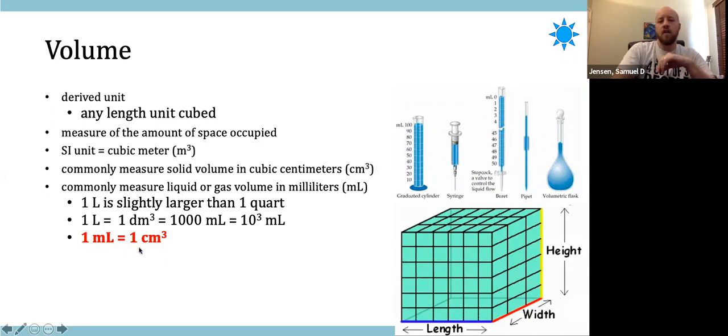The volume measurement is generally in liters if we're looking at liquids, and if we're looking at solids, it generally tends to be in centimeters cubed. It's a little hard to measure volume in centimeters cubed or meters cubed if your flask is round. If you have a dimension where you can measure length, width, and height, then you can get the volume.